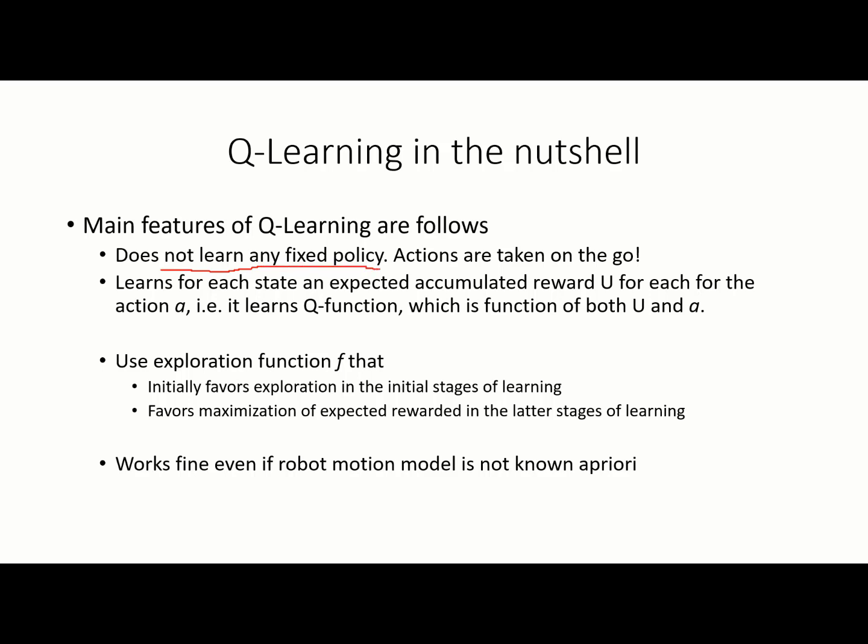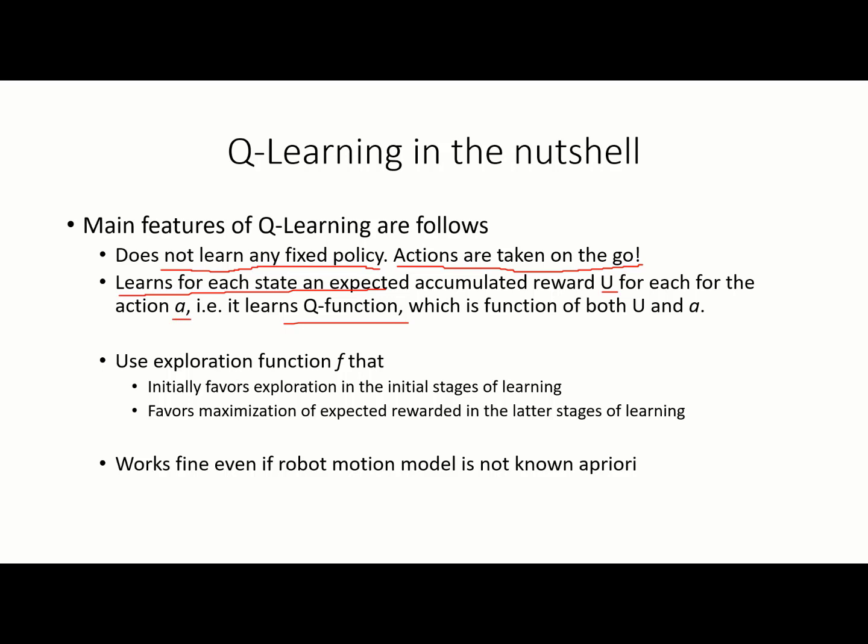In fact, it really encourages improvisation. Actions are taken as we go and explore and navigate the arena. Q-learning is about learning a Q function which has two parameters, the expected accumulated reward as well as the action.